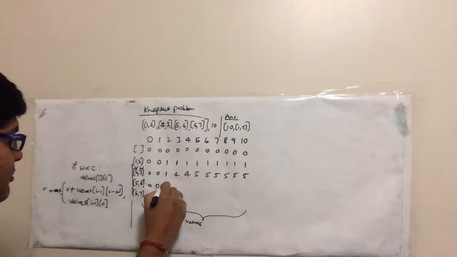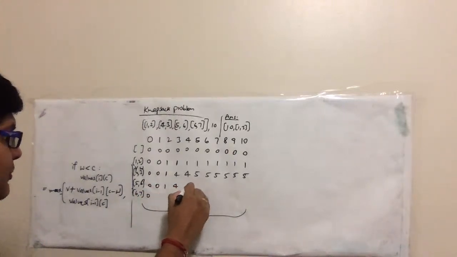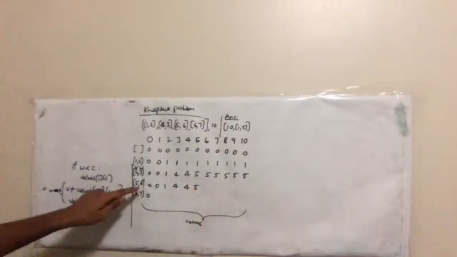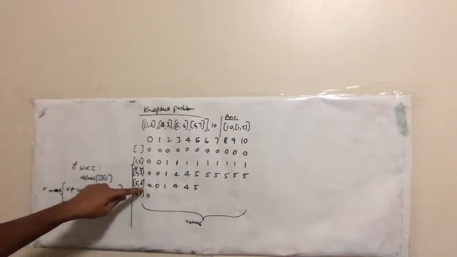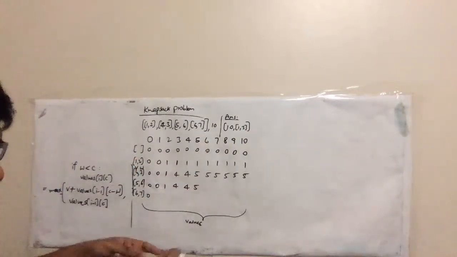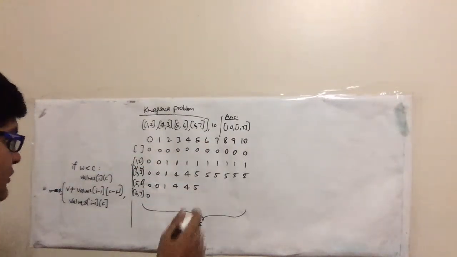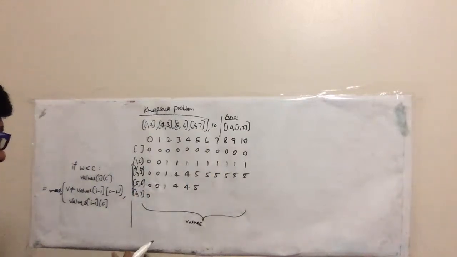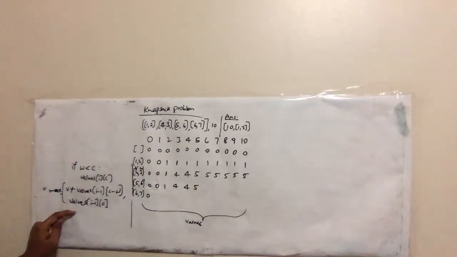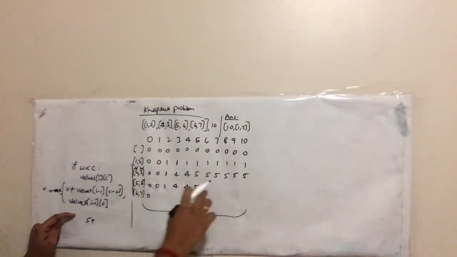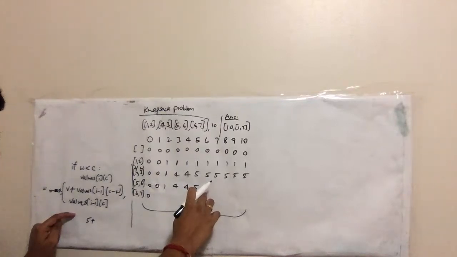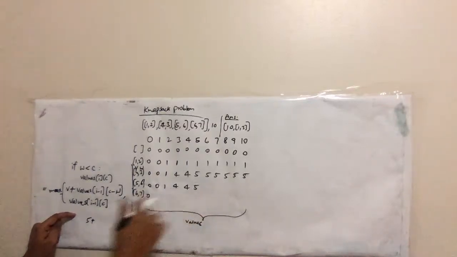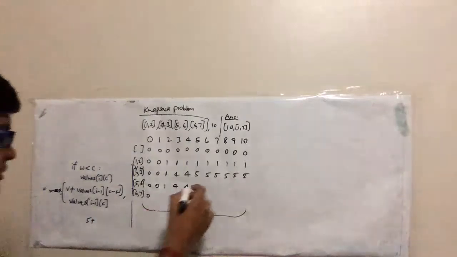So we will just copy up to here. When we are in a position where we can keep this 6 kgs item in the 6 kgs bag, we will recalculate the value. By keeping this, we will get a value of 5, and we're completely using that. So it would be 5.